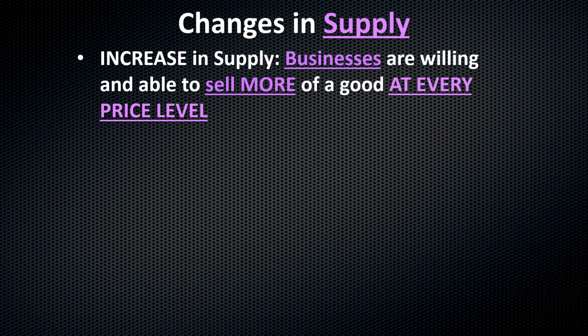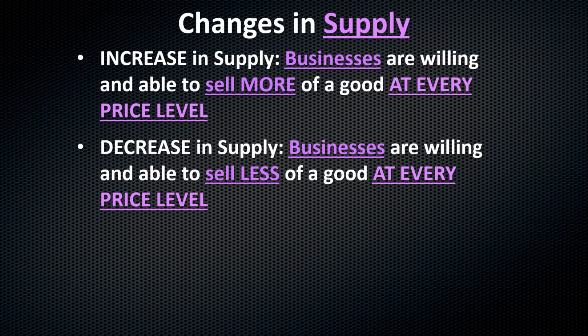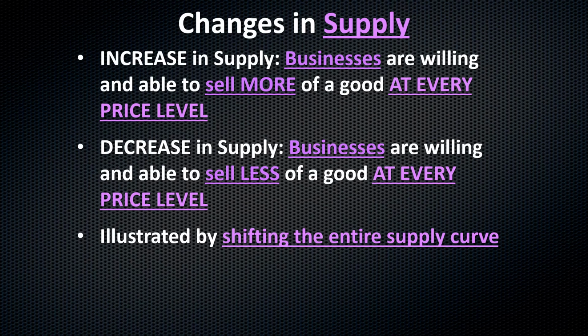However, an increase in supply, meaning businesses are willing and able to sell more of a good at every price level, means a shift. A decrease in supply, businesses are willing and able to sell less of a good at every price level. This is illustrated by shifting the entire supply curve.